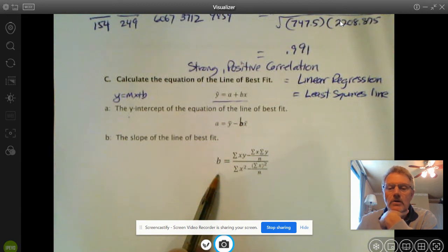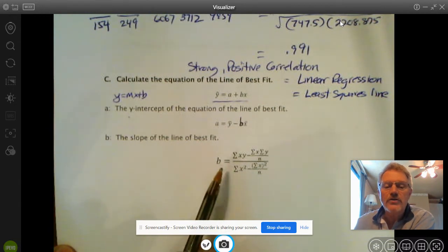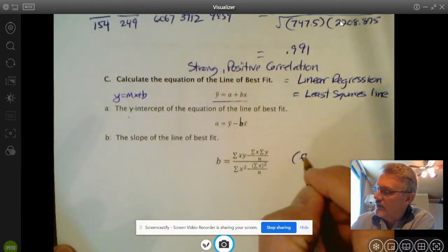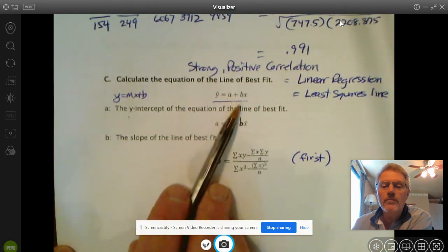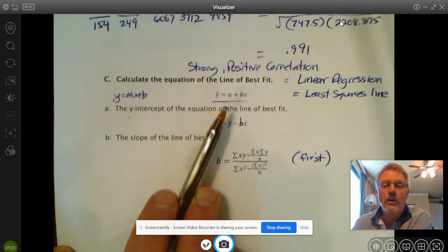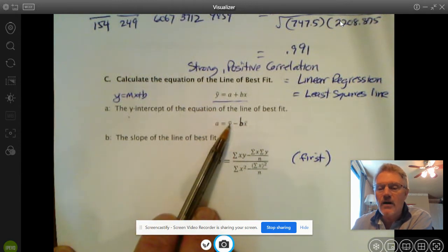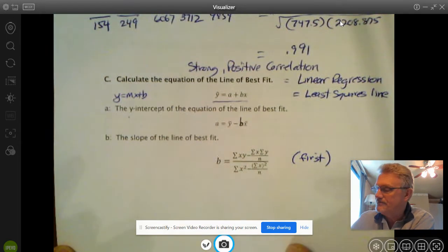We're going to be using a lot of the same information that we did before. First we find b, which is the slope, and then we find a, which is the y-intercept. Now y bar is just the average of the y's, and x bar is the average of the x's.